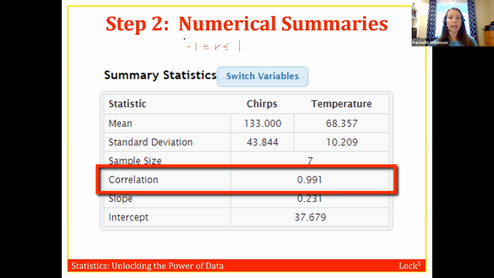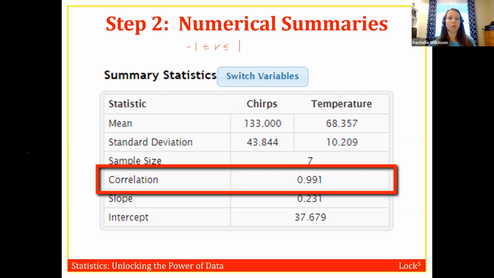The closer you are to -1 or +1, the stronger the relationship, and the closer you are to 0, the weaker the relationship. So remember, the sign on correlation just indicates the direction. And if I look at the absolute value, then the closer it is to 1, the stronger it is. So the sign does not indicate strength, it only indicates direction.